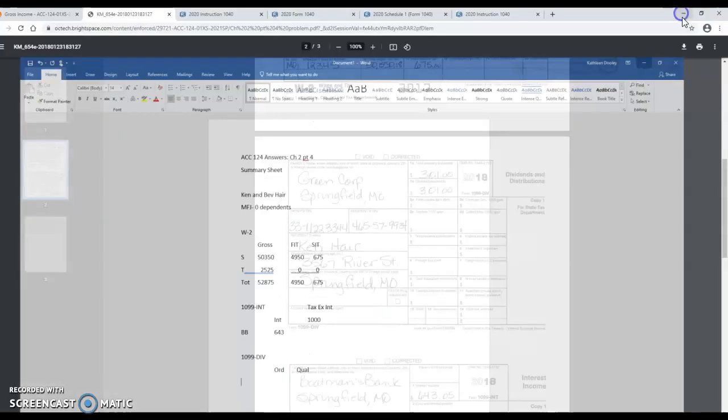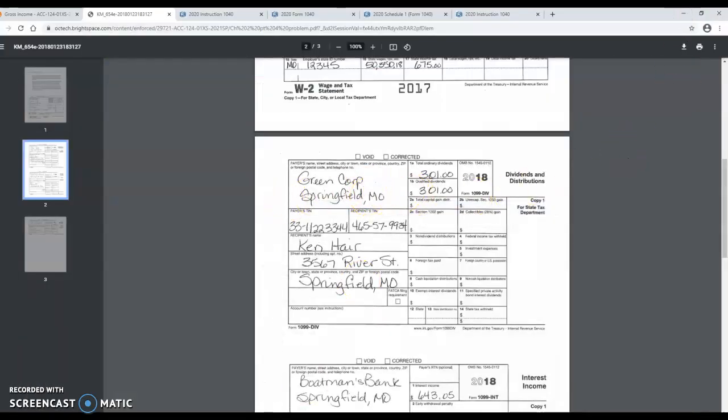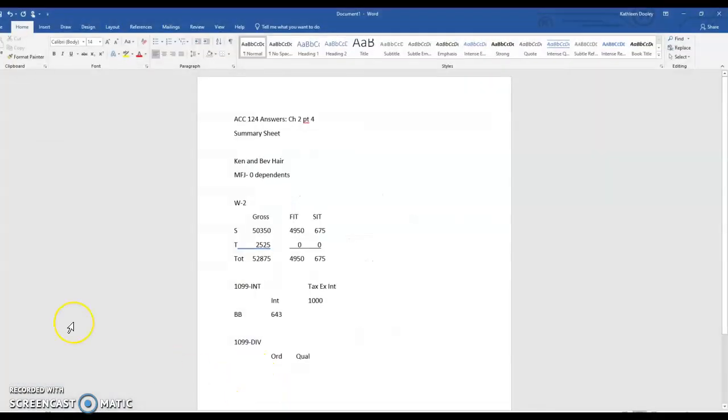Let me see, who was that? It was Green Corp. So that was $301 of ordinary dividends in box 1, and $301 in qualified dividends in box 2.